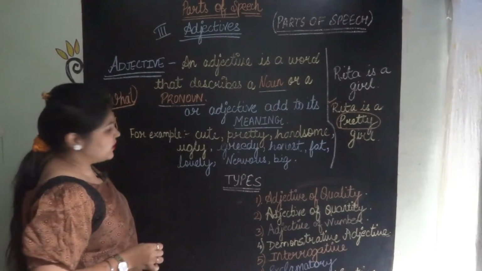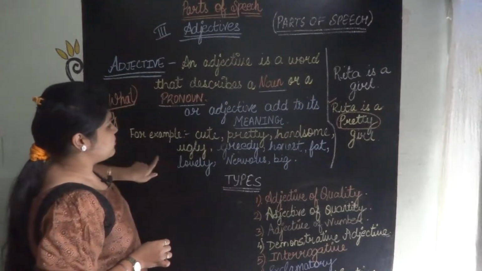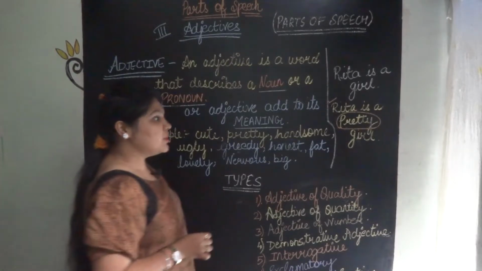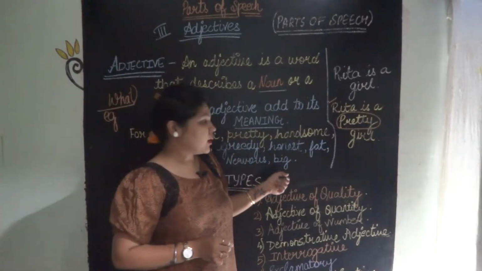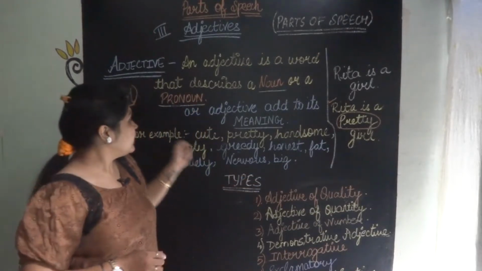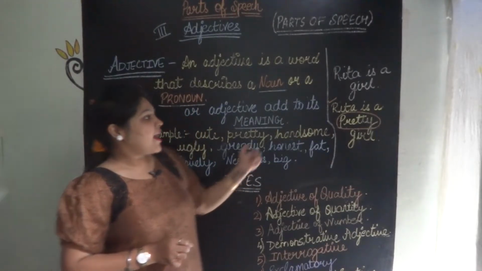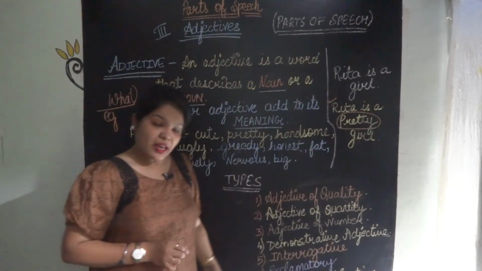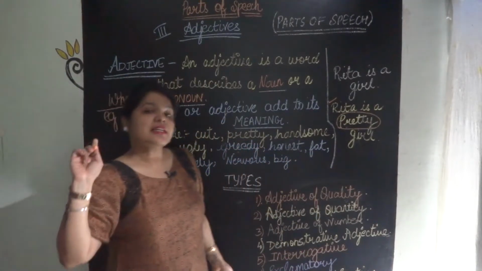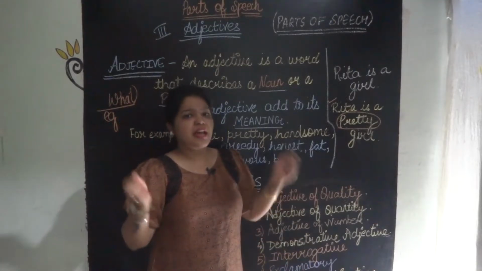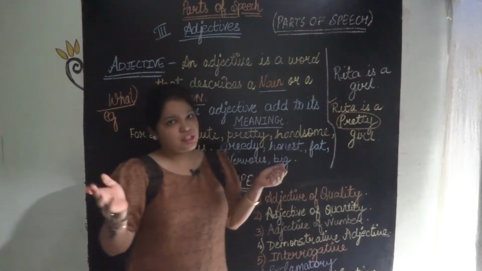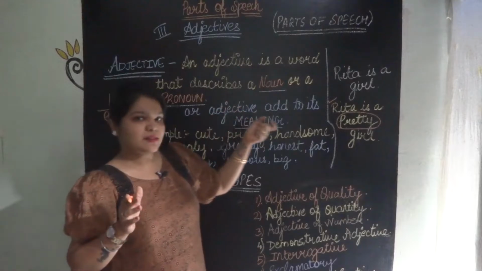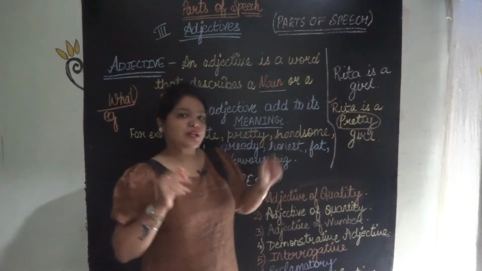I have told you what an adjective is and its examples. I hope these two things are clear to you now: what adjectives are, what their examples are, and how to use them with a noun or a pronoun. At the end, I'll be sharing some more examples with worksheets. I'll make a separate video of the worksheets, with how to classify these parts of speech.